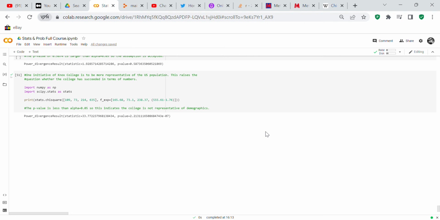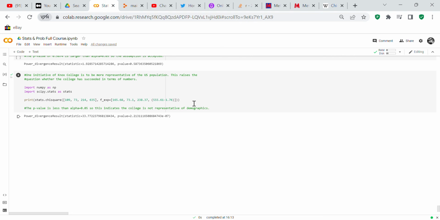So the only way that I could get it to work was to subtract 1.76 from one of the observations. And so what I decided to do was subtract that number from the largest expectation. And that's how I got it to work.